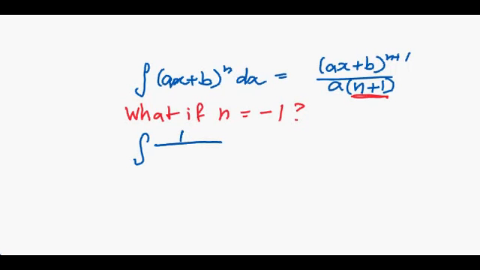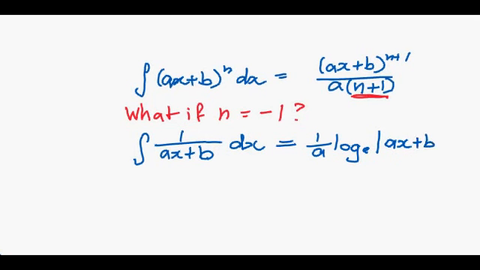Negative 1 just means 1 on ax + b, dx, and that actually rather magically comes out as 1 on a, log to the base e of |ax + b|, like that. The straight lines are modulus signs, you should know them already, and that's what it comes out to be. So there, we've covered all scenarios.